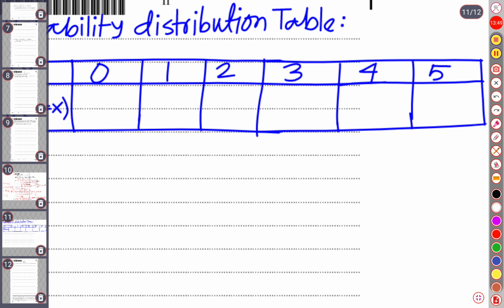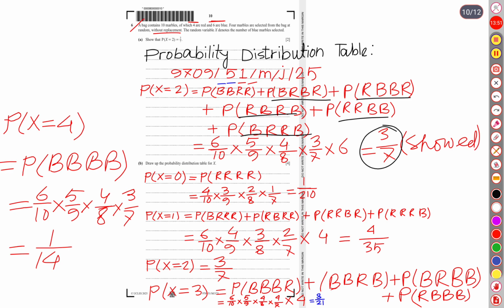The first probability when there was no blue marble was 1 over 210. Second one, when there was only one blue marble, was 4 over 35. Third one was 3 over 7. Then fourth probability was 8 over 21, and final one is 1 over 14.